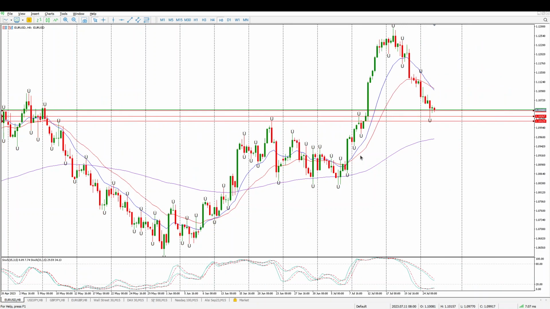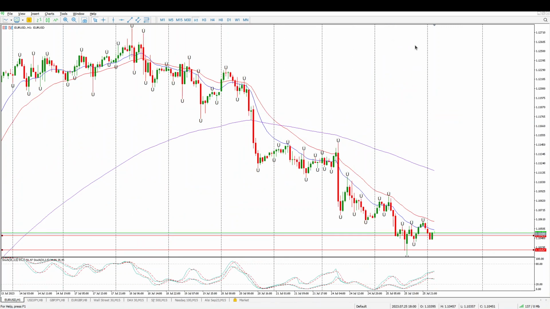So we are waiting on the Feds at the moment. There is anticipation of another interest rate hike, and depending on what happens, it could possibly get this thing moving fairly rapidly to the downside. Now, I'm a bit reluctant to jump in at the moment until the Feds are finished.